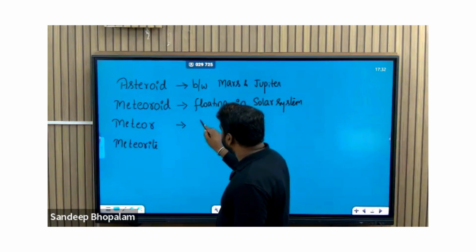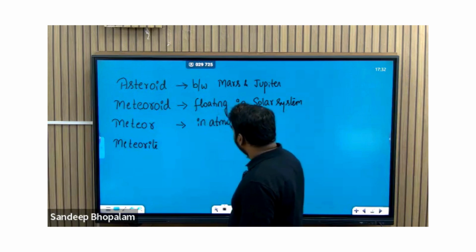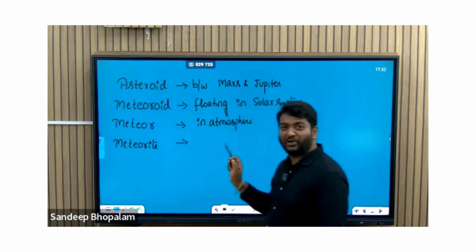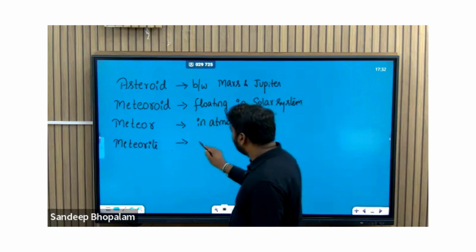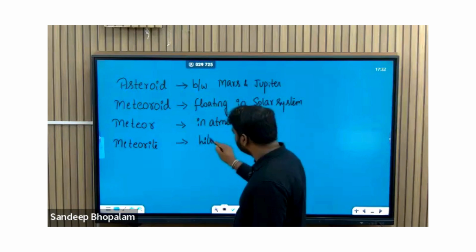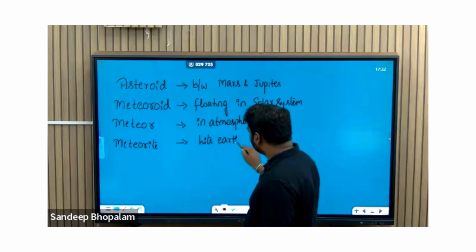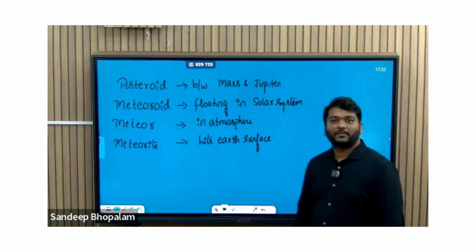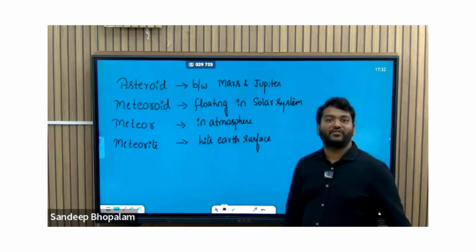Meteor is these irregular shaped rocks which are present in atmosphere. Meteorite. What is meteorite? You are going to discuss it when it hits Earth's surface. These 4 points are very, very important.